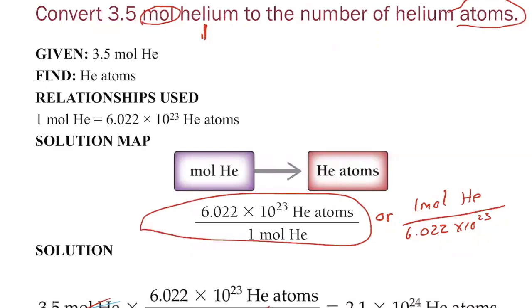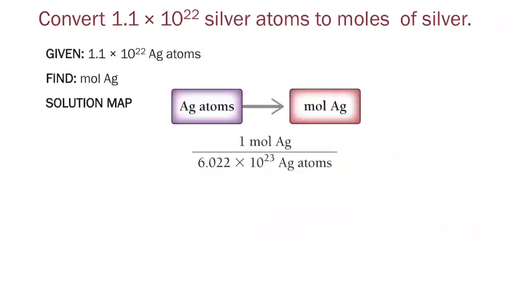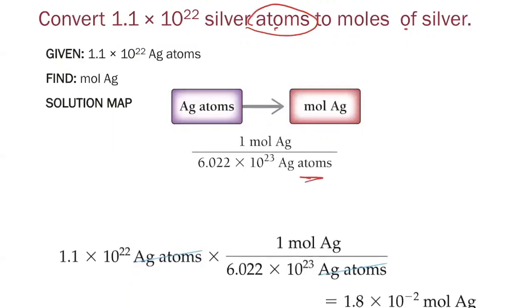Here's another example. I encourage you to watch the videos I have posted for extra understanding. And here we're going from atoms to moles. So it's the opposite of what we did on the first problem. In this case, since you've got atoms, atoms must be at the bottom. Notice that your atoms and atoms cancel, and you will have your desired unit.